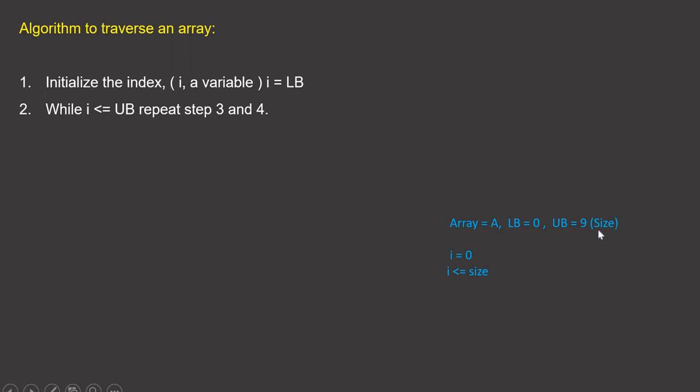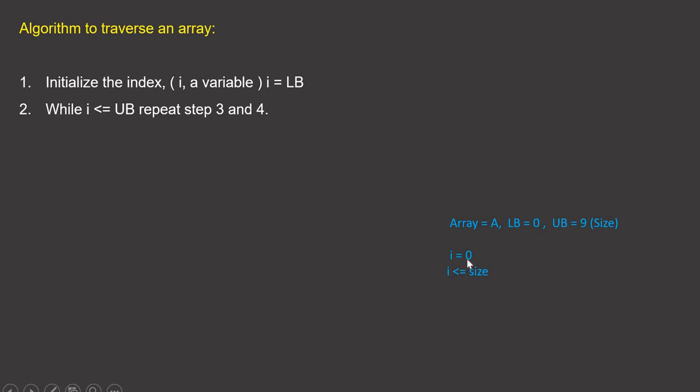Size is the name of the variable which is used to store this number, right? So if this number is 9 and I put it here, steps 3 and 4 will be executed for this condition.